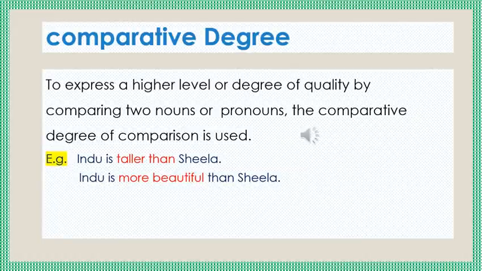And another point: when two persons or things are compared with each other, we must use the word "other", O-T-H-E-R, to exclude the former. Example, you see, Ashoka was wiser than any other king.